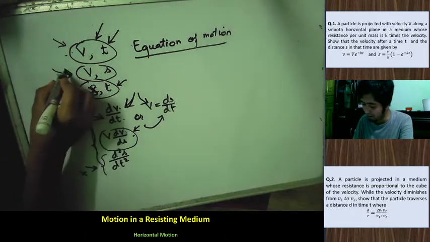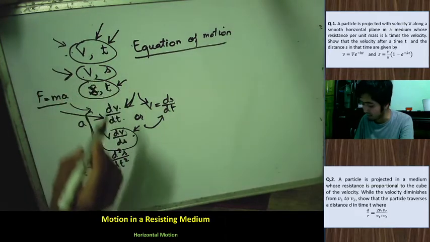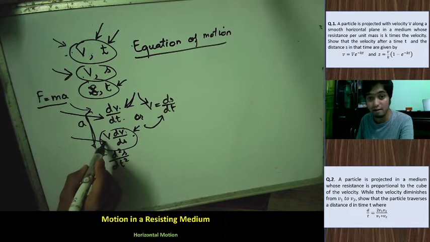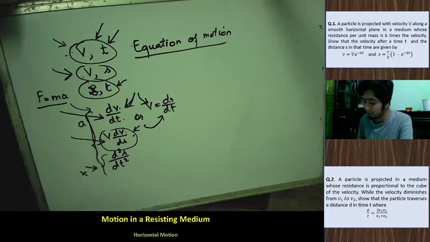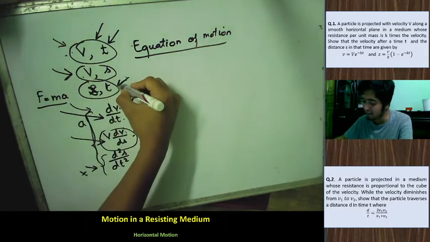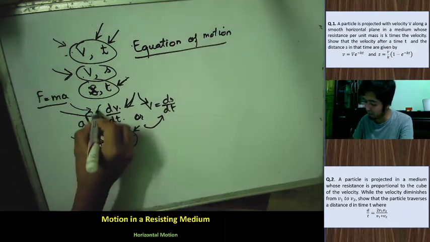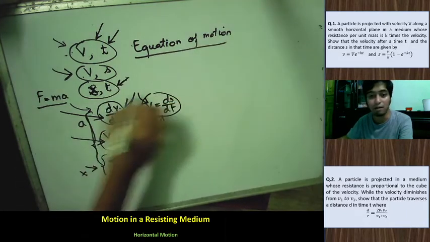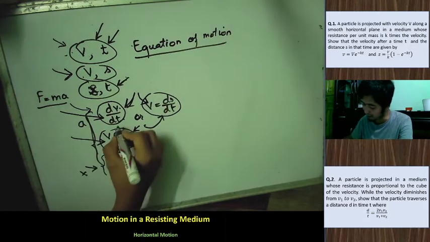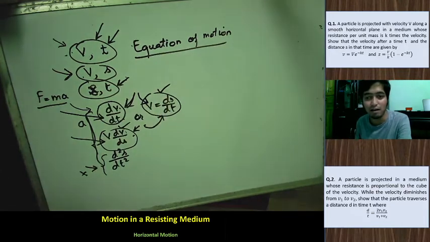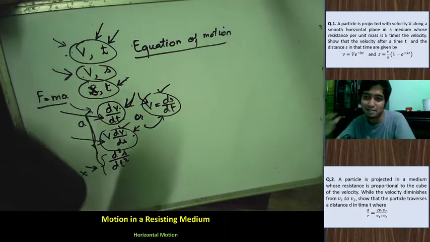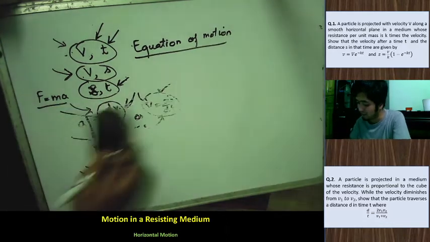If you want to find a relationship between v and s, you can easily use this one. But if you have to find a relation between s and t, you will have to combine this one and this one, or you can combine this one and this one. I hope that is clear. So with that being said, let us go ahead with the questions.